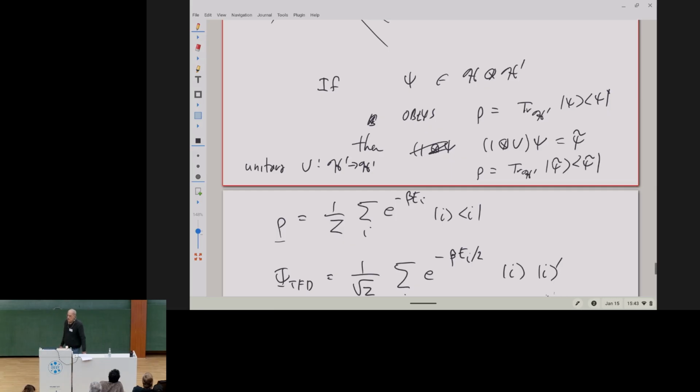This is the extent to which purifications are not unique. Two purifications of the same density matrix on the same Hilbert space H tensor H prime differ by unitary transformations of H prime.